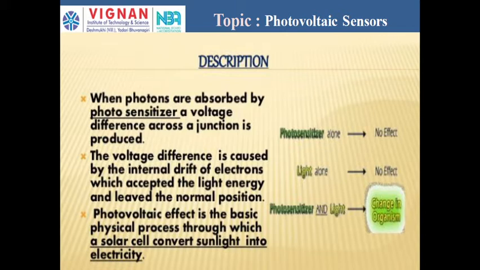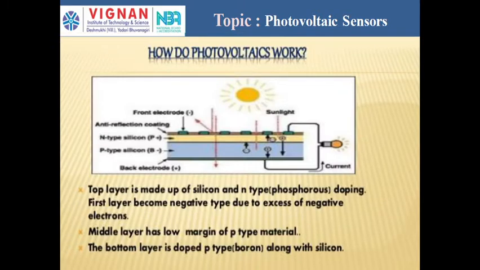Simply, when photons from the light energy are absorbed by the photosensitive material, a voltage difference across the junction is produced. This voltage difference is caused by the internal drift of electrons, that is, the movement of electrons which accept the light energy and leave their normal position. So the photovoltaic effect is the basic physical process through which a solar cell converts sunlight into electricity.